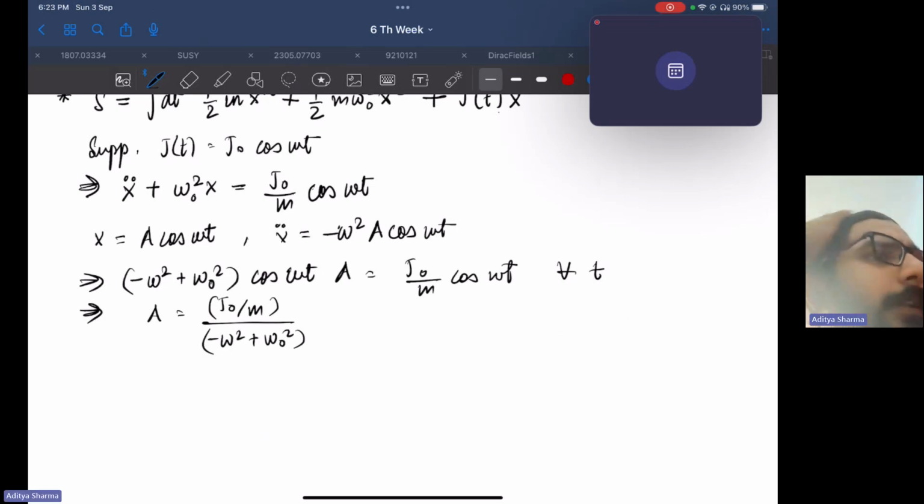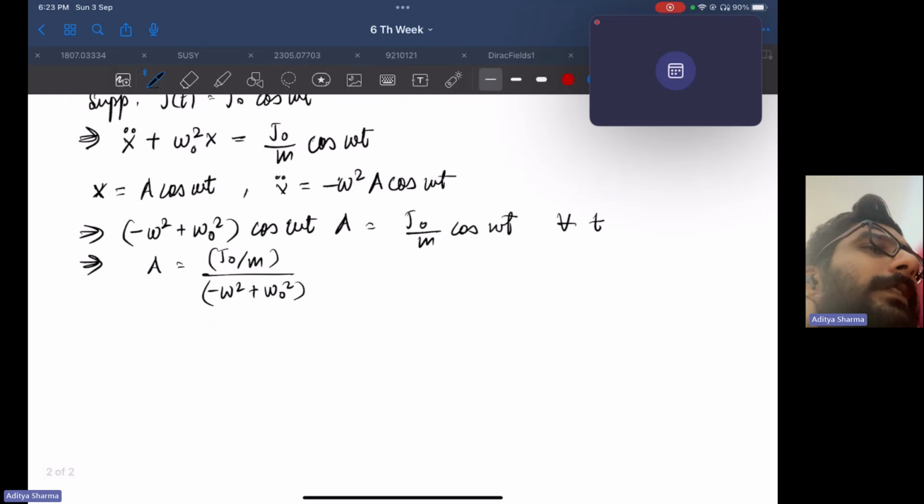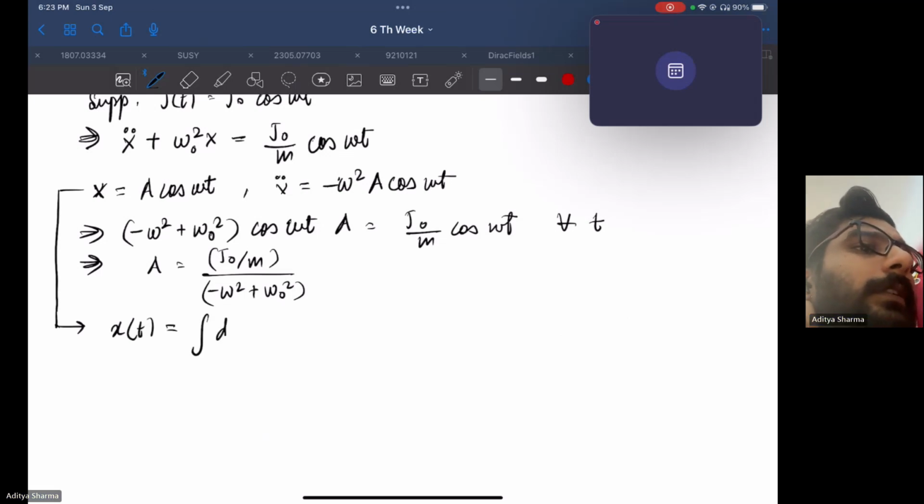But I want to point out that what we have written here, x is equal to A cos omega t, is similar to the idea of Fourier transform. For example, x of t can always be written as integral over d omega, e to the power i omega t, and some x of omega, which I'm going to write as x tilde.